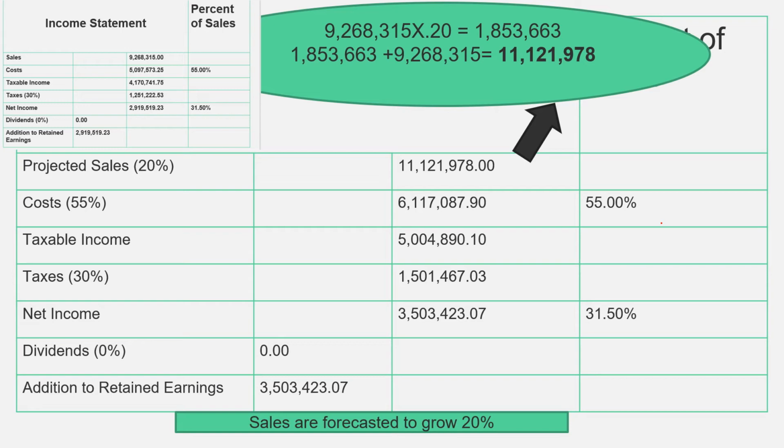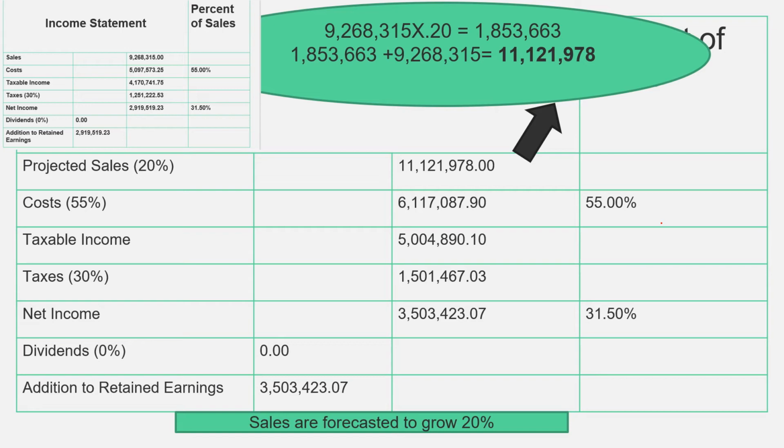So it's 9,268,315 times 0.20 or 20%, you'll get 1,853,663 plus your sales of 9,268,315, and then we'll get the resulting figure 11,121,978.